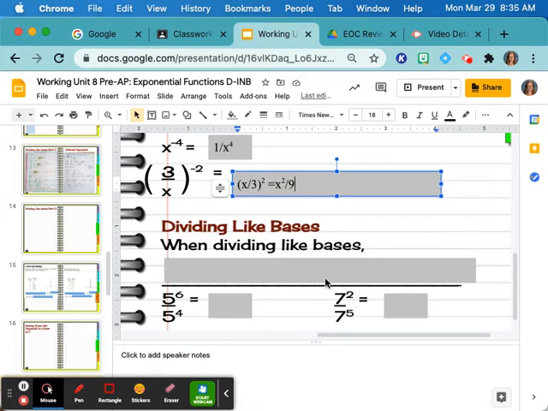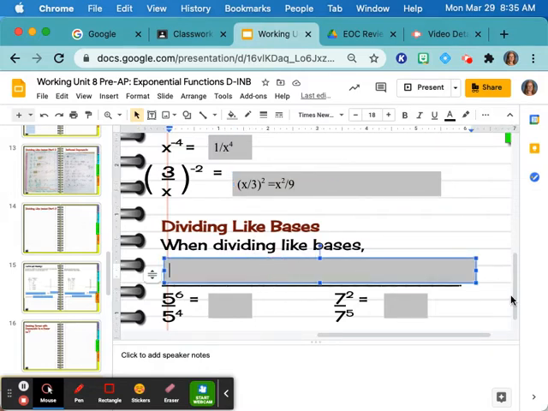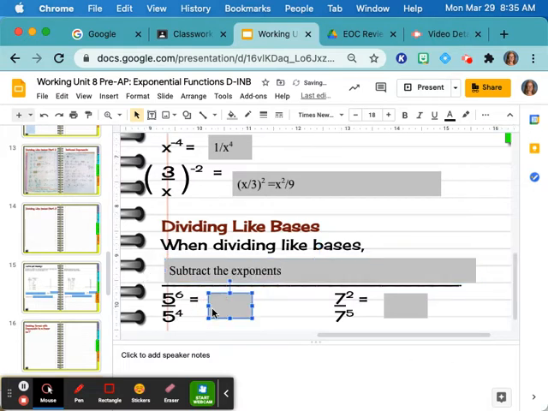The last rule, dividing like bases. When dividing like bases, what are we going to do with those exponents? Subtract the exponents. So on this one, we have 5 to the 6th over 5 to the 4th.